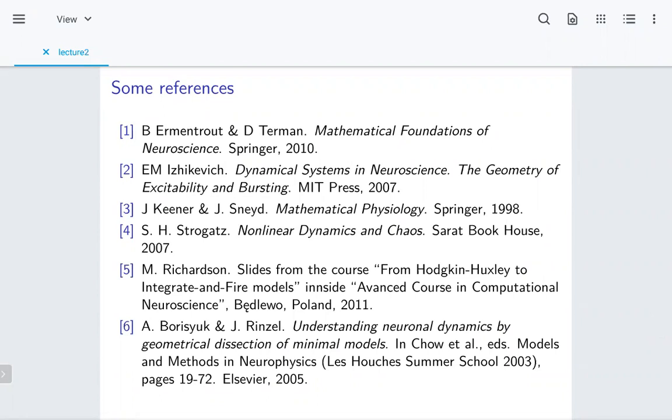The first one is more oriented towards mathematicians, but the second one is a very nice book for people who are not into dynamical systems and want to learn a little bit about it. It provides very nice introductory chapters. There are also other books, the one by Kandel or Strogatz. Some parts I'm going to use from them, but the ones I use the most are references number 1 and number 2.